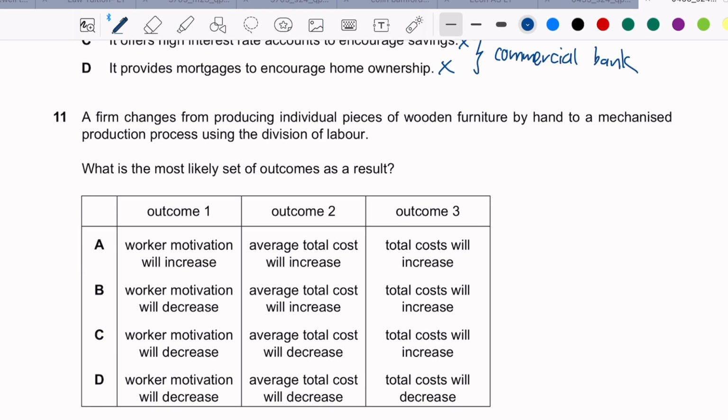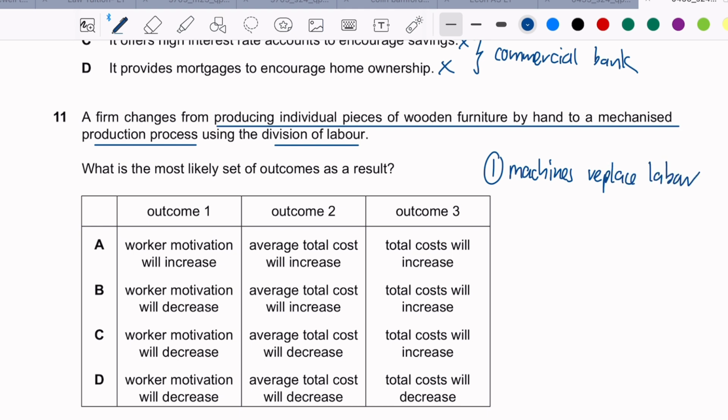Question 11. A firm changes from producing individual pieces of wooden furniture by hand to a mechanized production process using the division of labor. What is the most likely set of outcomes as a result? So first outcome, worker motivation. We know that machines replace the labor, so now worker motivation will decrease. So this is correct. Second one, average total cost, which is total cost divided by output.